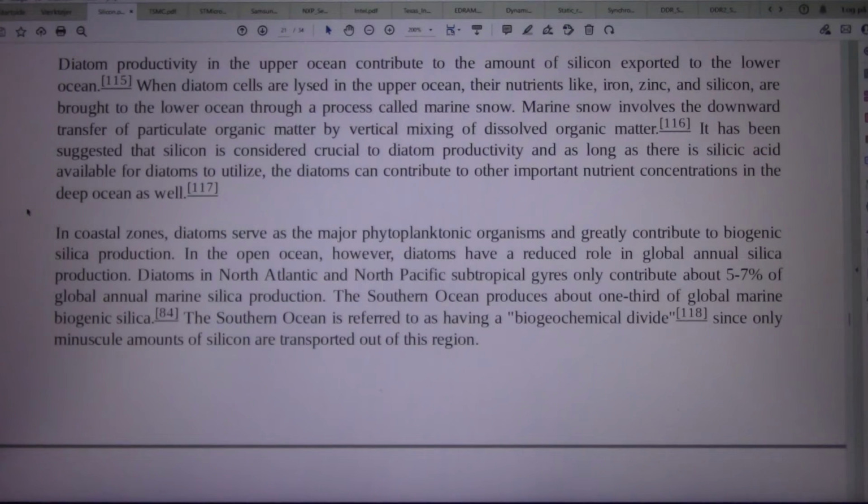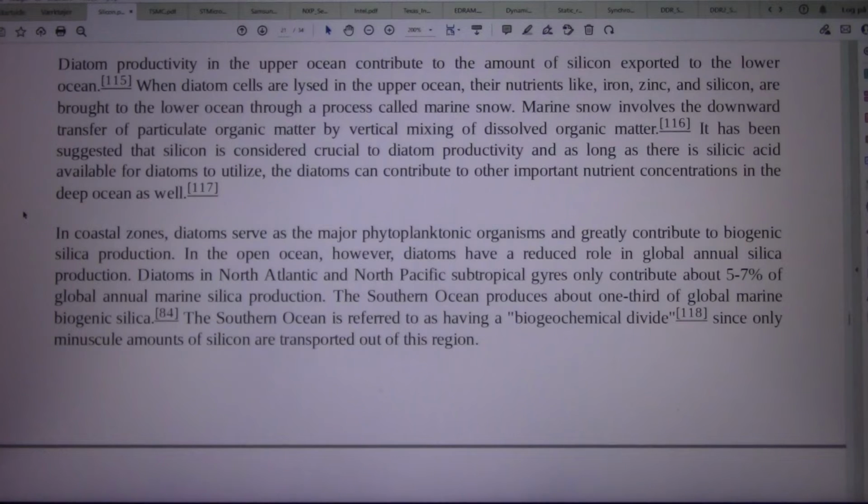In coastal zones, diatoms serve as the major phytoplanktonic organisms and greatly contribute to biogenic silica production. In the open ocean, however, diatoms have a reduced role in global annual silica production.